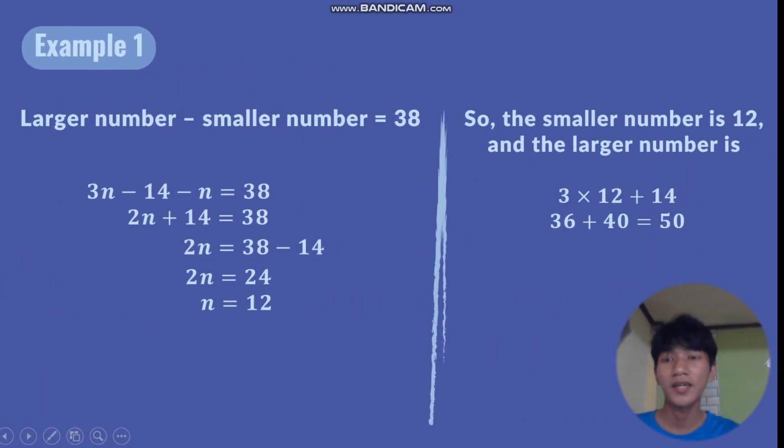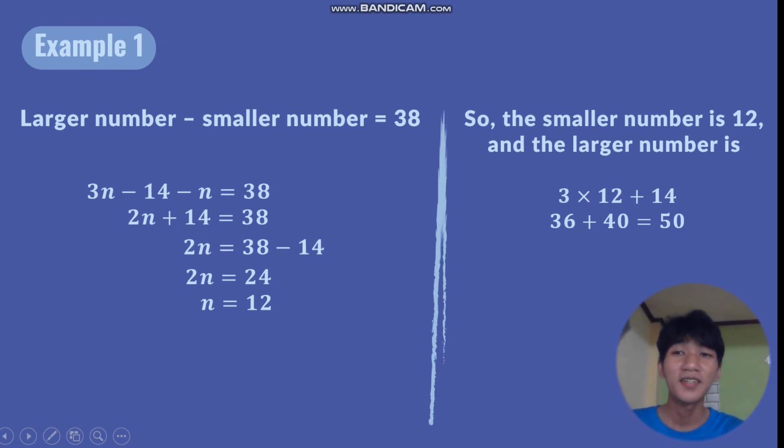Next slide. Okay. Then we have this equation. The difference of the larger number and the smaller number is 38.